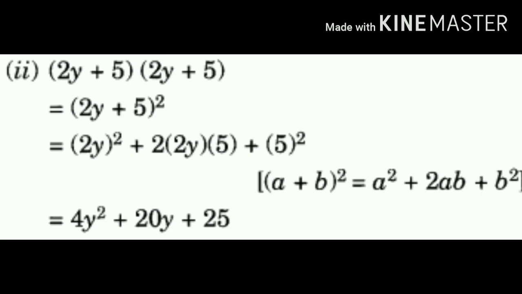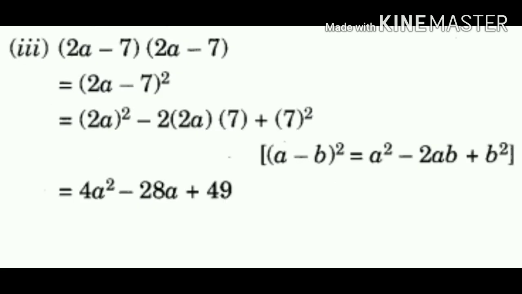When you substitute the value for a and b, we get this as (2y) the whole square plus 2 times of 2y into 5 plus 5 square, which is a square plus 2ab plus b square. On simplifying this, we get 4y square plus 20y plus 25.